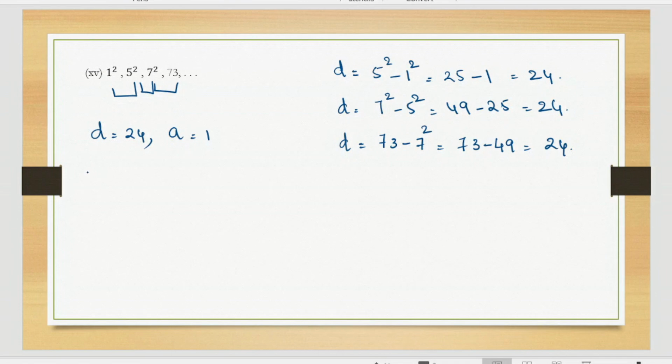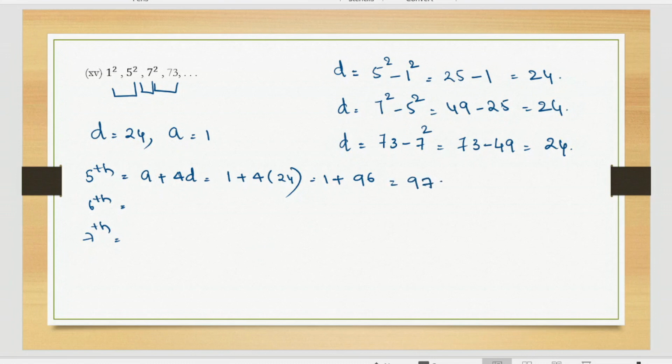Now let us find the fifth term, sixth term and seventh term of the AP. How do we get the fifth term? That is A plus 4D, which is 1 plus 4 into 24. So this will be 1 plus 96, which is 97.